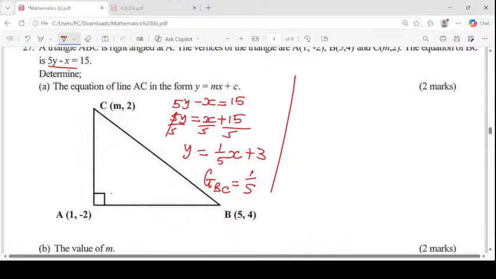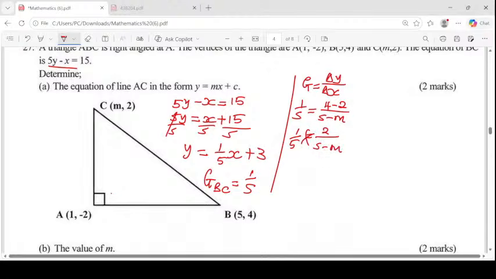But how do you get the gradient? Gradient is usually given by change in y over change in x. So the gradient, which is 1 over 5, is the same as taking 4 minus 2 over 5 minus m. So 1 over 5 is equal to 2 over 5 minus m.